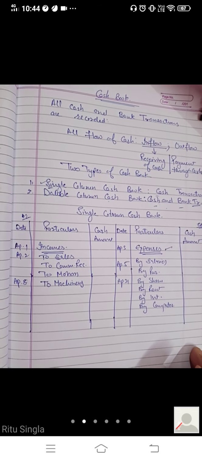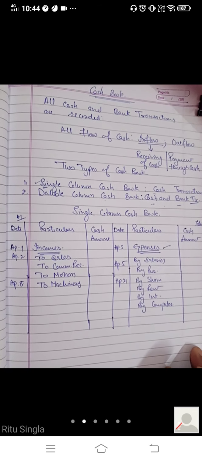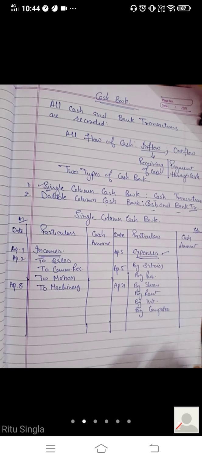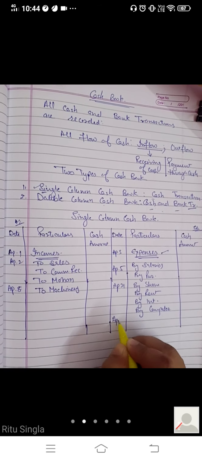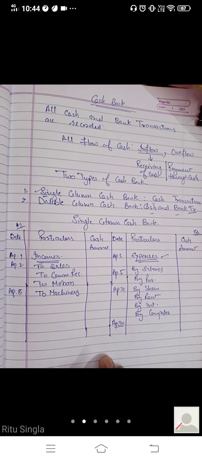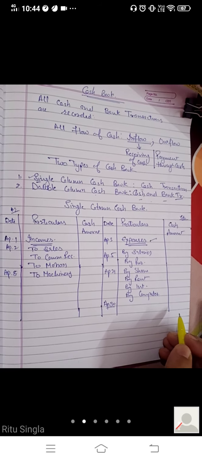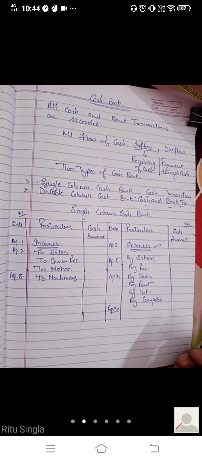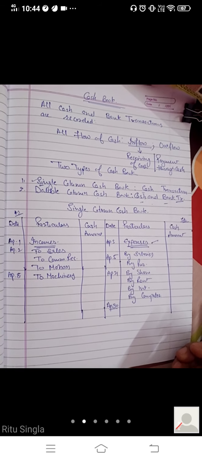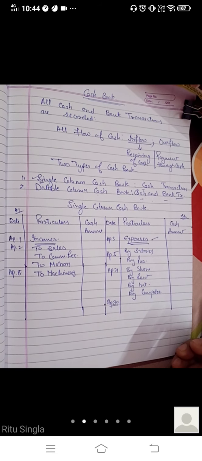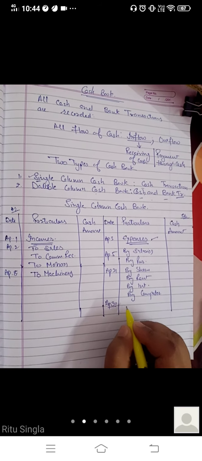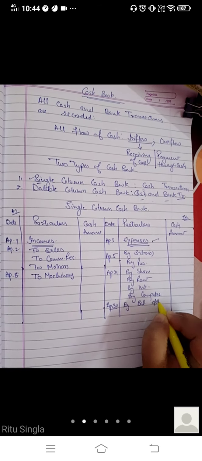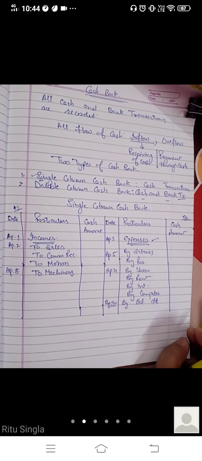Right? And after recording all transactions, our very last step, what we have to do on the last date of that month? What will you do if you are preparing any ledger? Balance carried down.